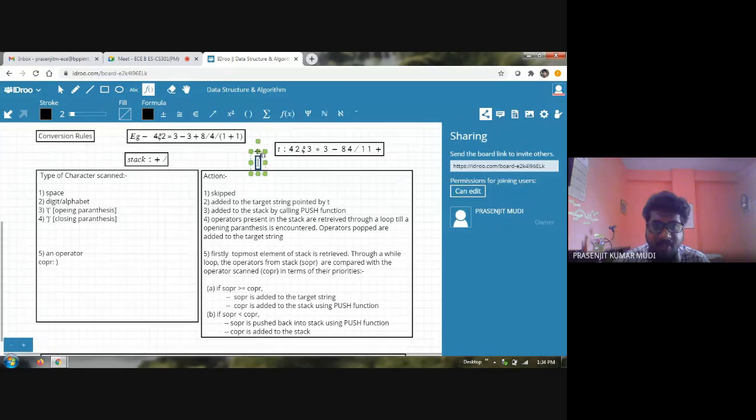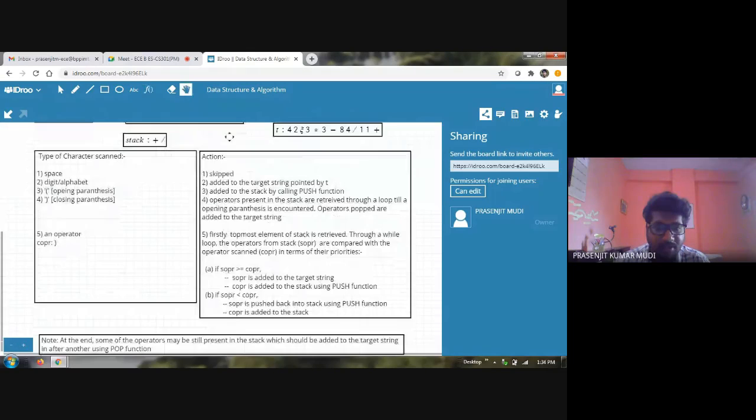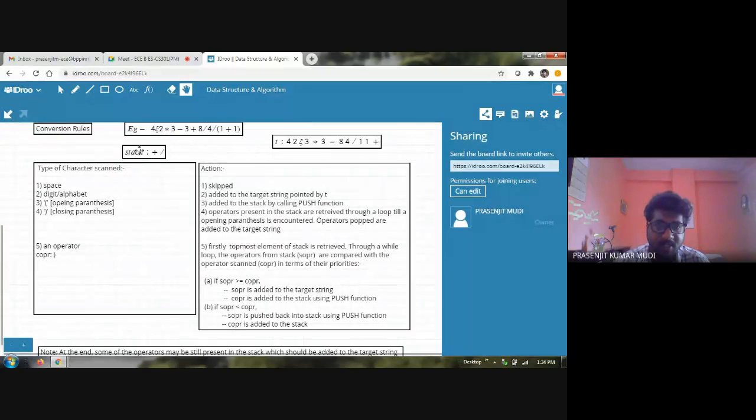And next, what is happening here? The final note at the end. So after this is the situation. Stack is containing this and target string is containing this. And for your understanding, I mean to say that after the completion of the conversion, stack should be empty. It should not contain any character.